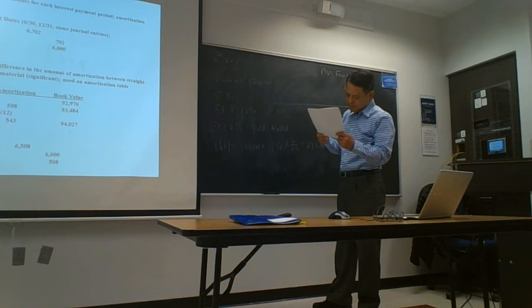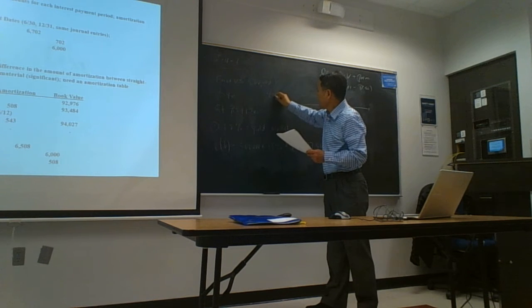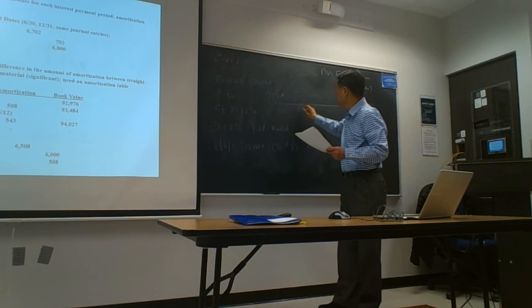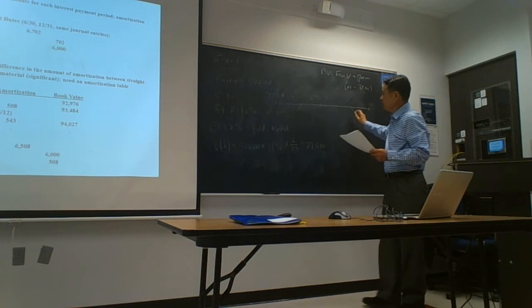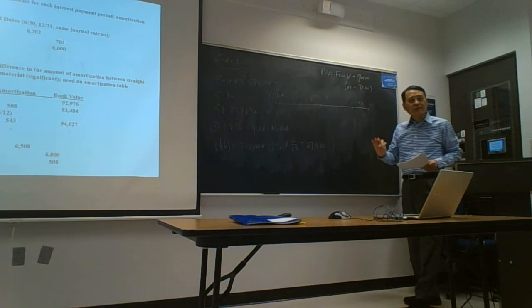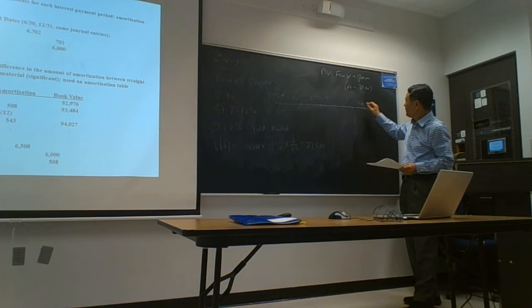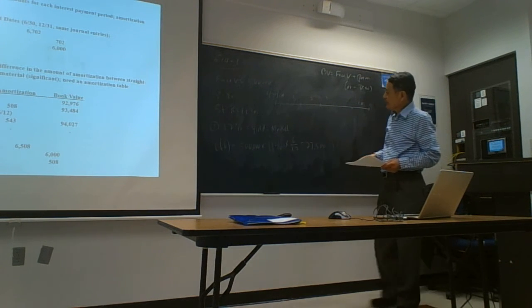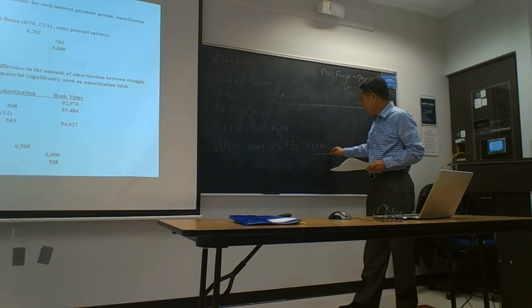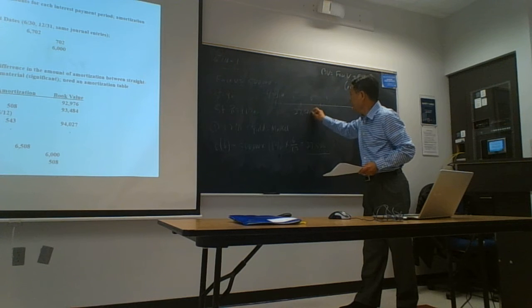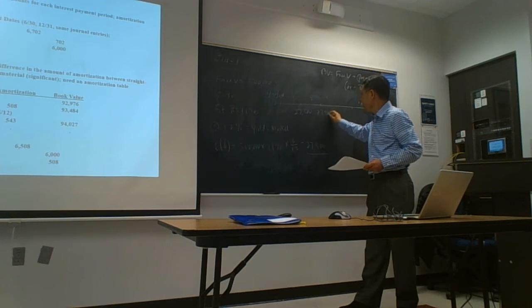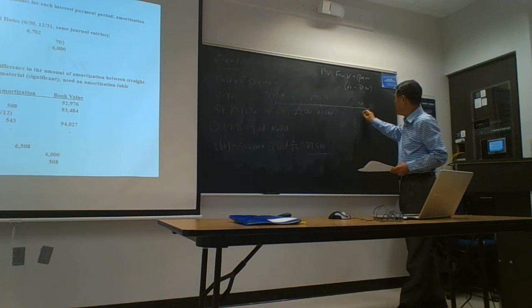So the payment schedule. The bond was sold on June 30th, 2019. 1, 2, 3, up to 10 payments, right? 5-year bond, semi-annual payment, so a total of 10 payments. And the semi-annual payment is $27,500, 10 times.